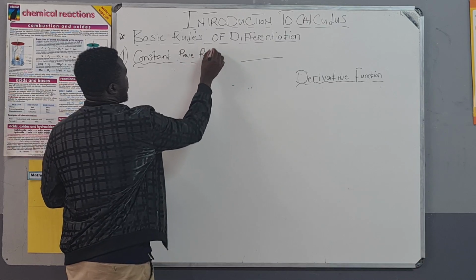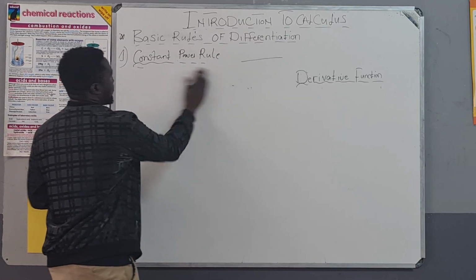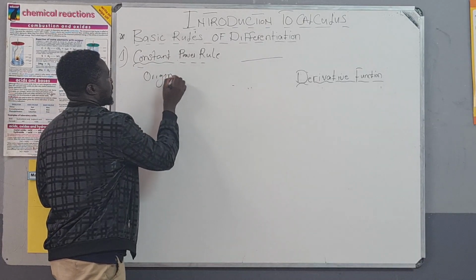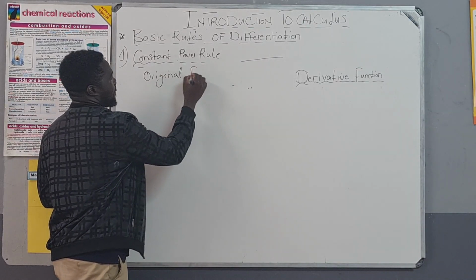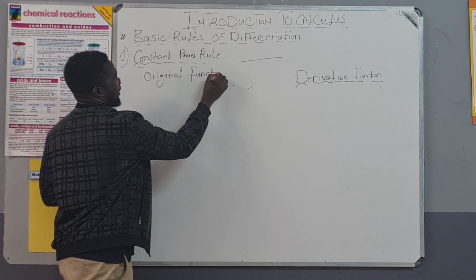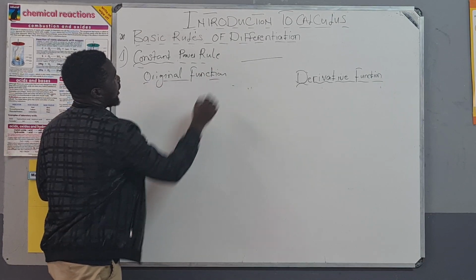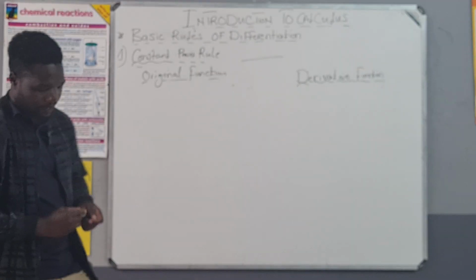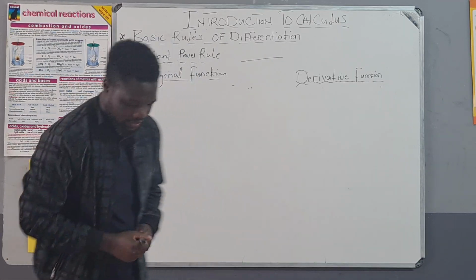The constant power rule, and this is the original function. Now, what does the constant power rule state?